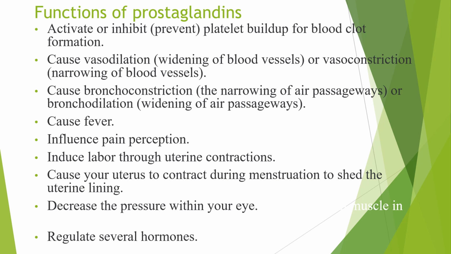So prostaglandin is very important in regulating between bronchoconstriction and bronchodilation. That is why ibuprofen is not recommended for asthmatic patients, because it will prevent prostaglandin, which is very important in regulating between bronchoconstriction and bronchodilation.